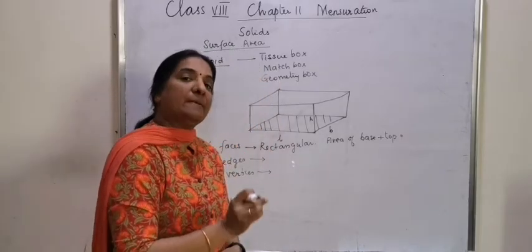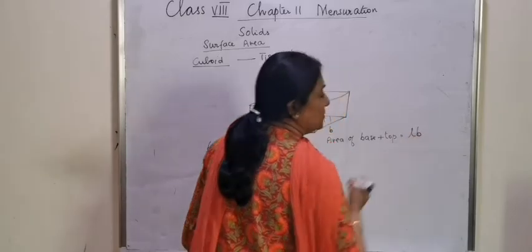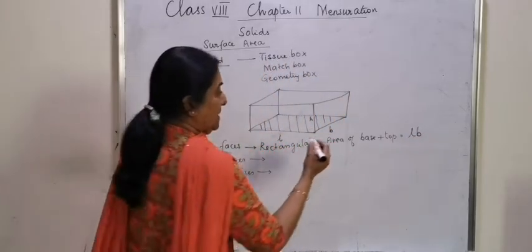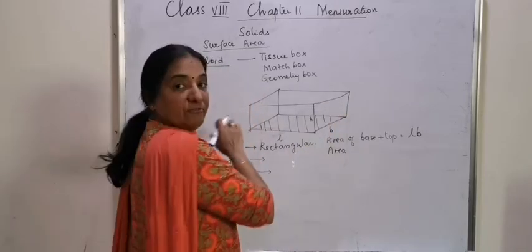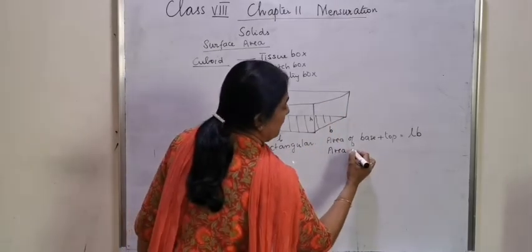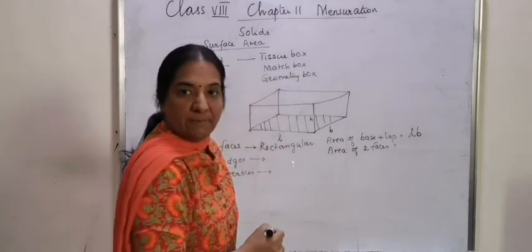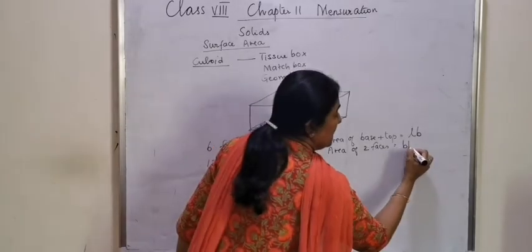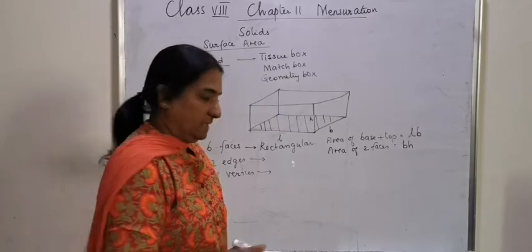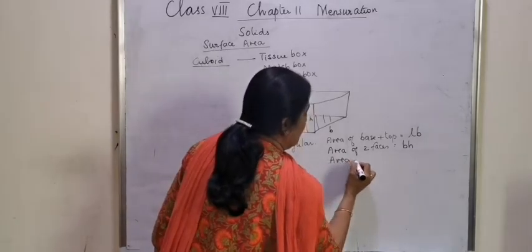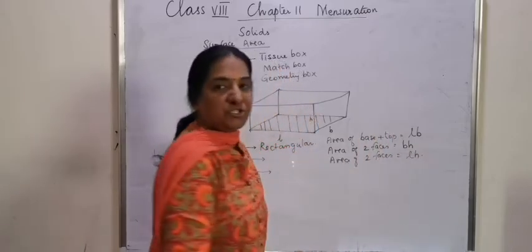The dimensions will be L and B. So, it will be L into B. The area of 2 side faces will be B into H, with the dimensions of breadth and height. And area of another 2 faces will be LH.